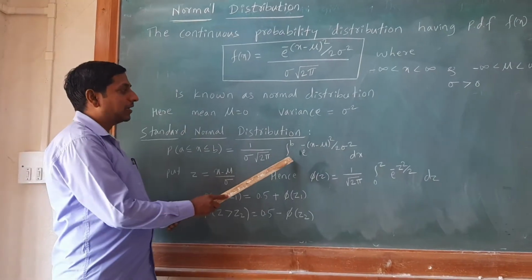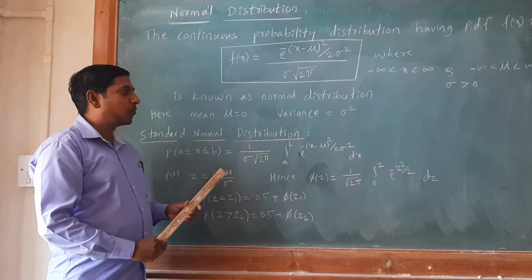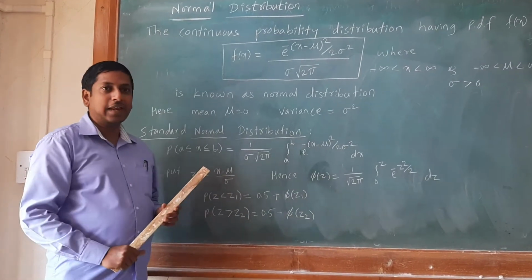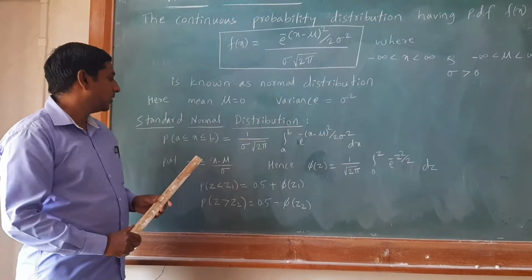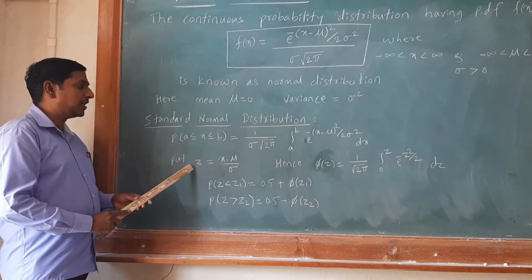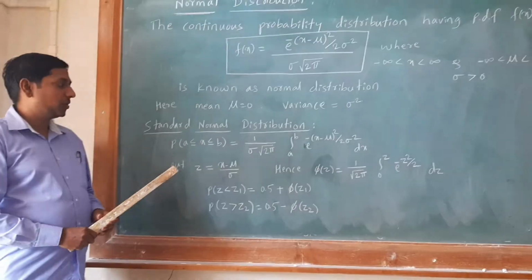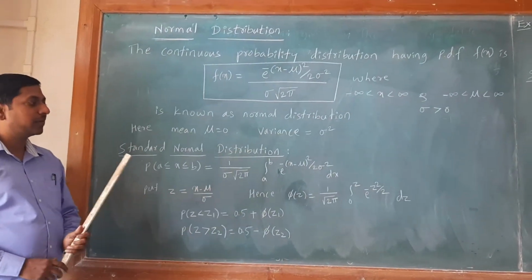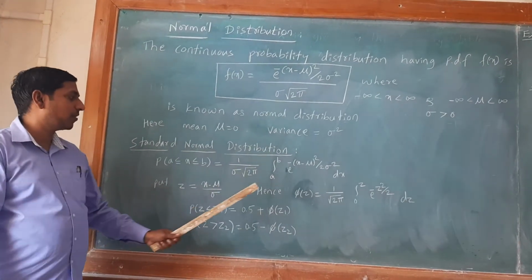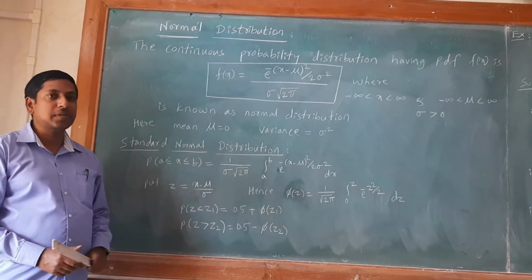Actually, this function is not possible to integrate directly. So therefore, we substitute z as (x minus mu) divided by sigma. So we will not integrate all these functions; we will directly use the formula for phi of z.